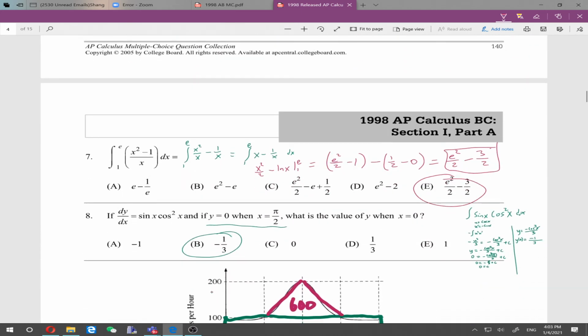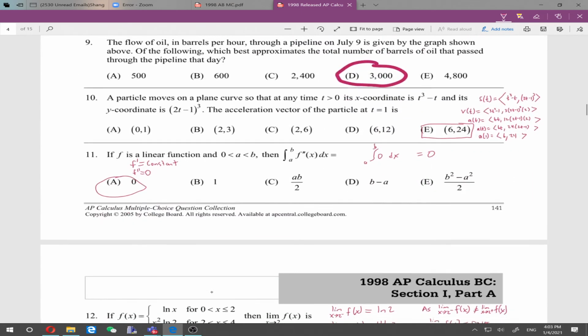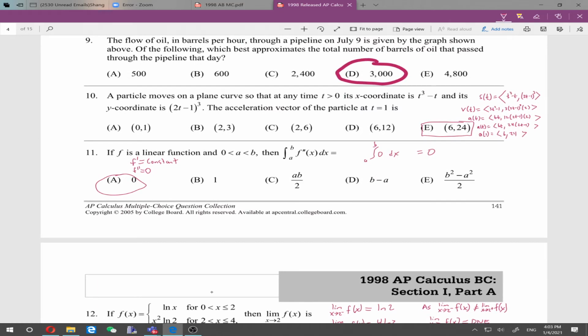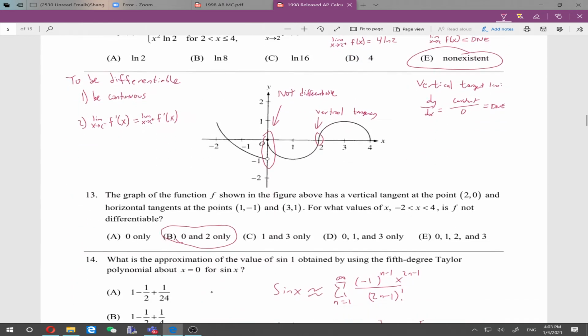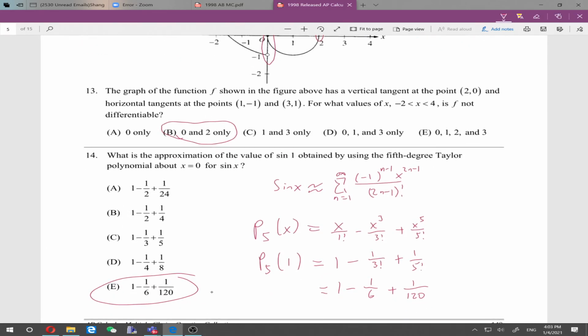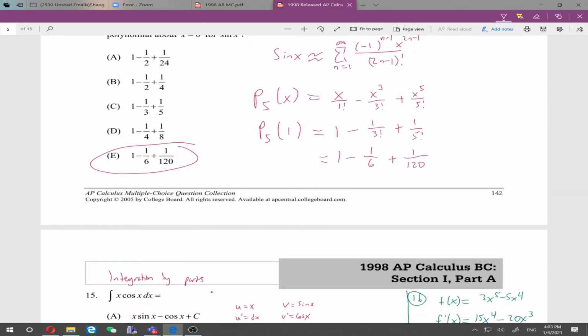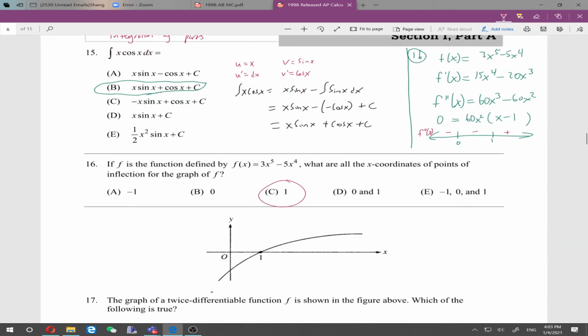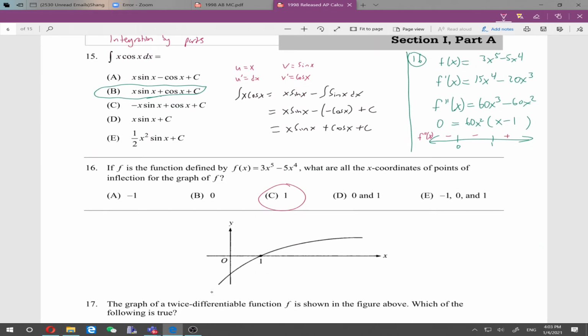Echo, echo, bravo, delta, okay, good. 10 echo, alpha, echo, bravo, echo. Okay. 15 bravo, 16 Charlie. All right, got everything right.